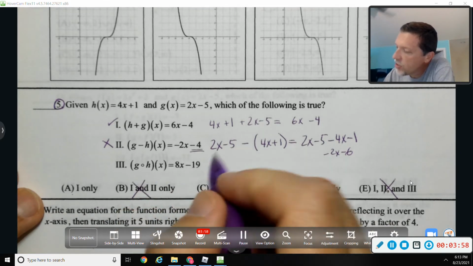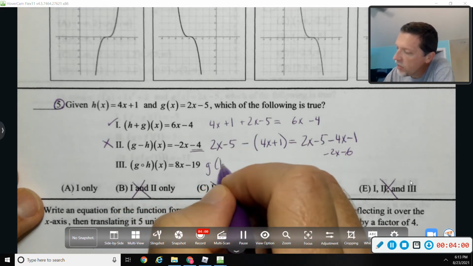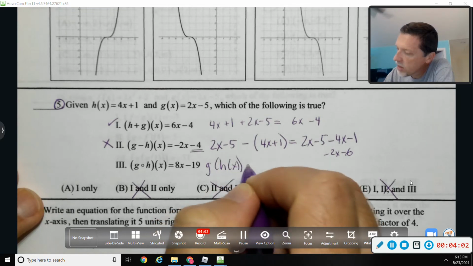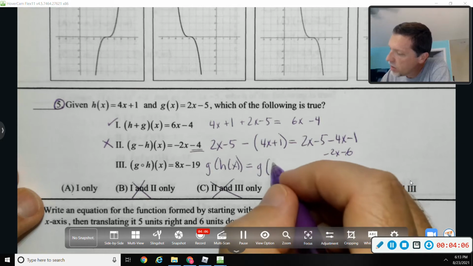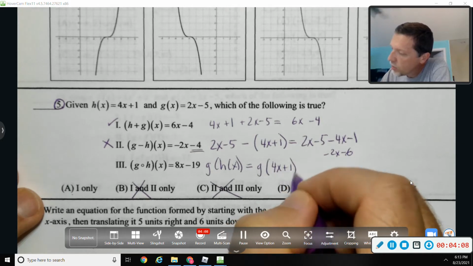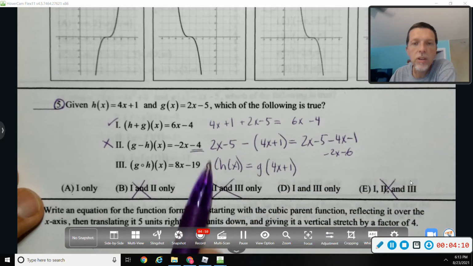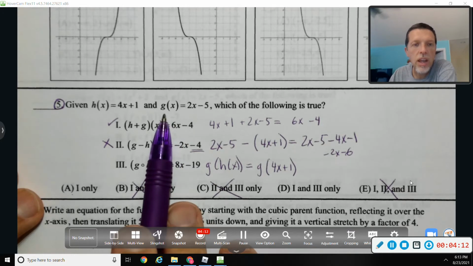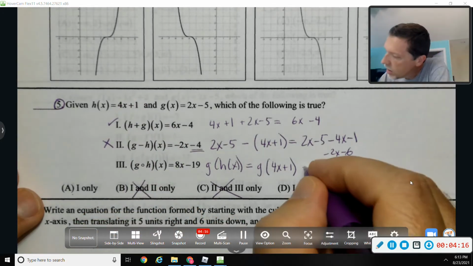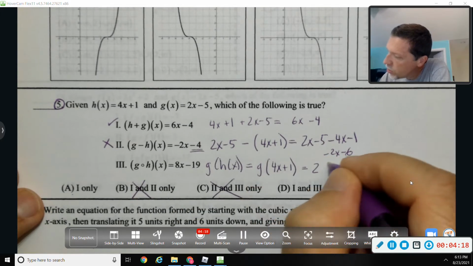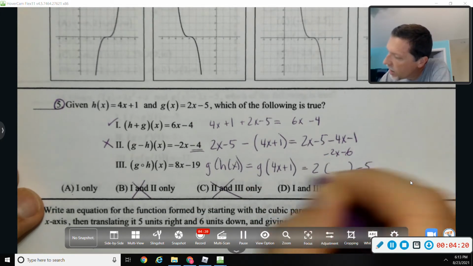G of h of x. So G of 4x plus 1, which means I'll look at the G function and plug in 4x plus 1. So the G function is 2 times the input minus 5.